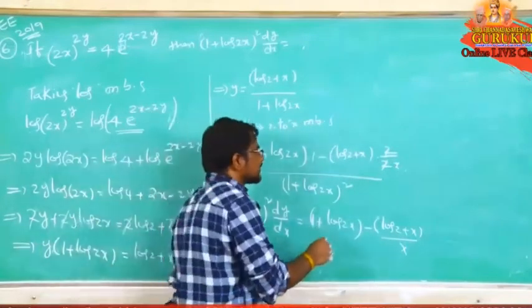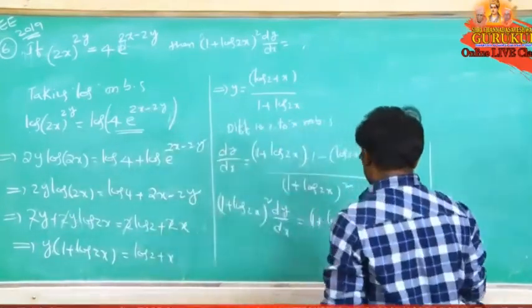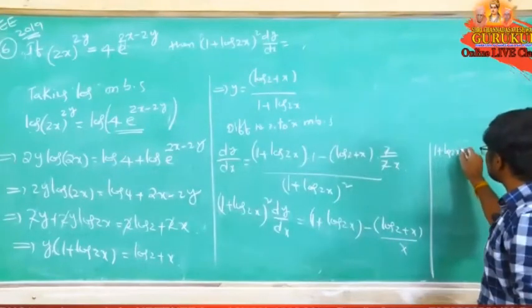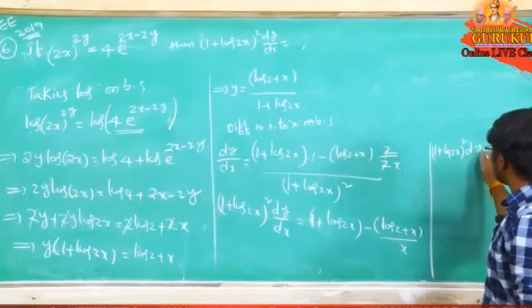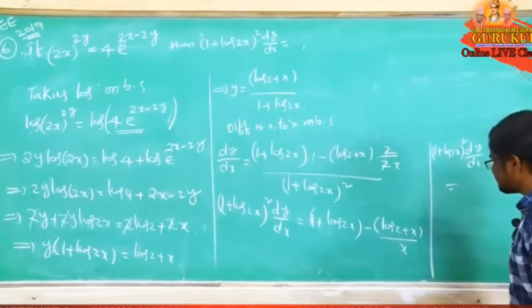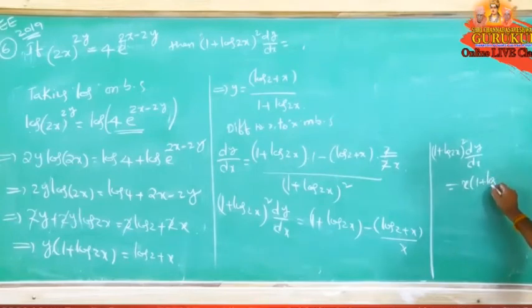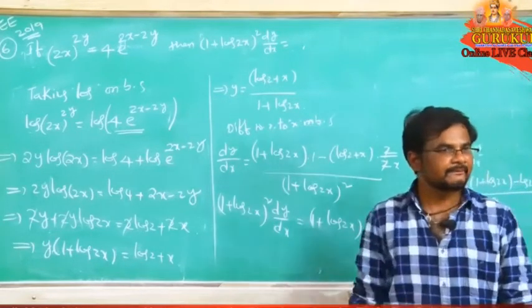Taking LCM, if you take the LCM right side, so (1 plus log 2x) whole square into dy by dx equal to x into (1 plus log 2x) minus log 2 minus x whole divided by x, right?